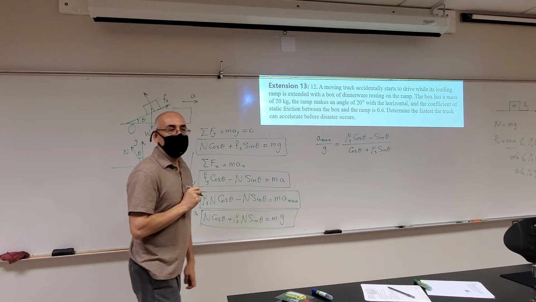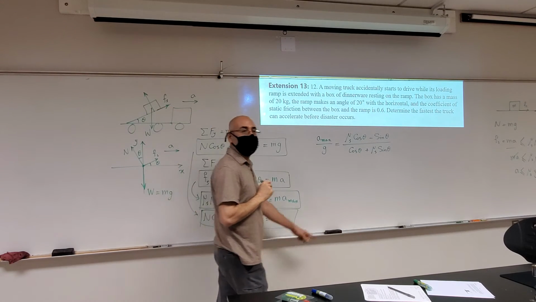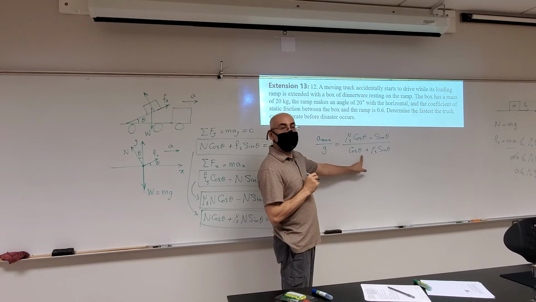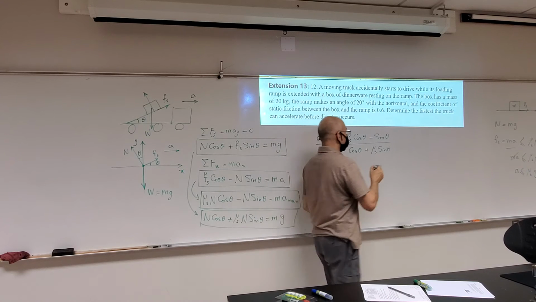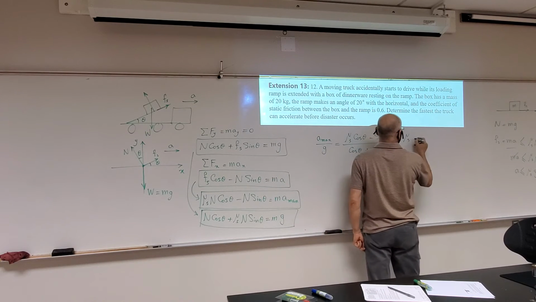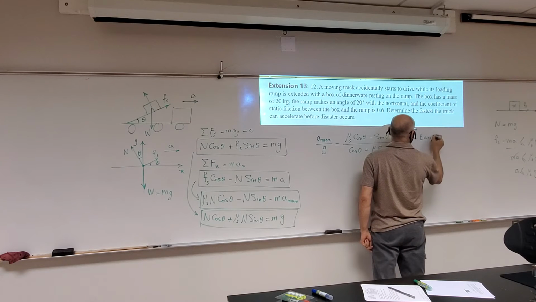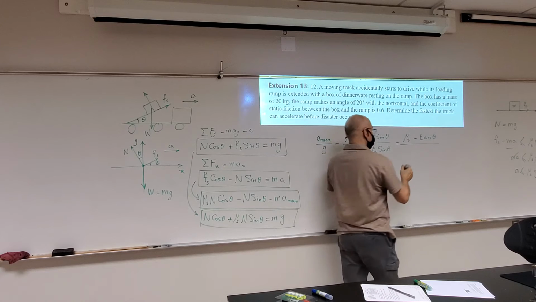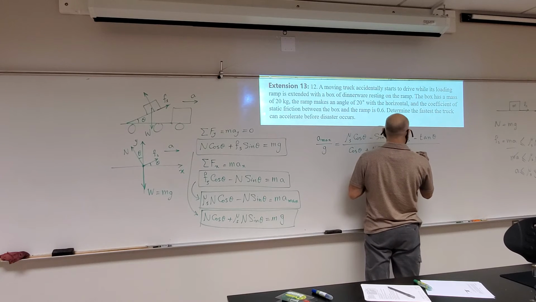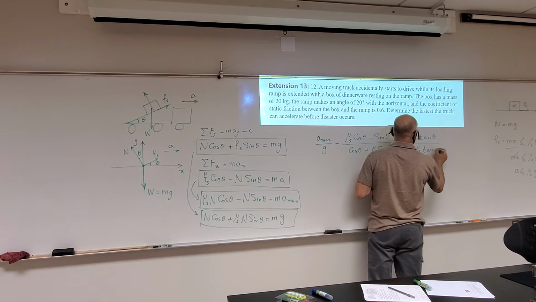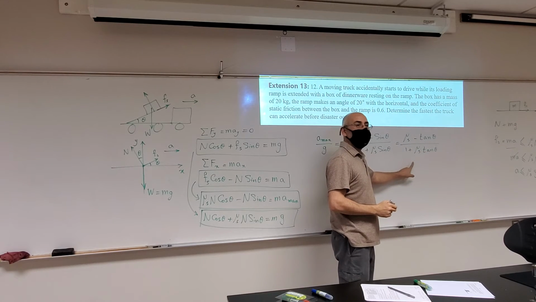Can you write it in a pretty way? If you divide both numerator and denominator by cosine, you get mu s minus tan theta, divided by 1 plus mu s tan theta.